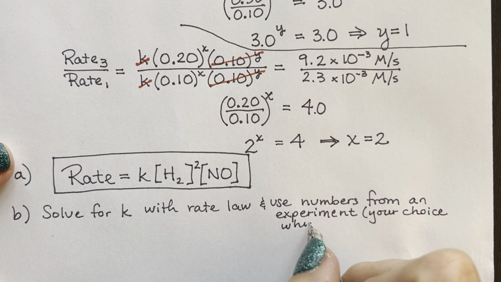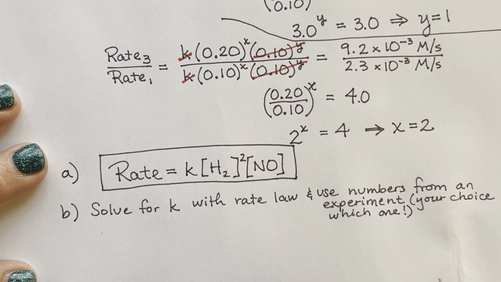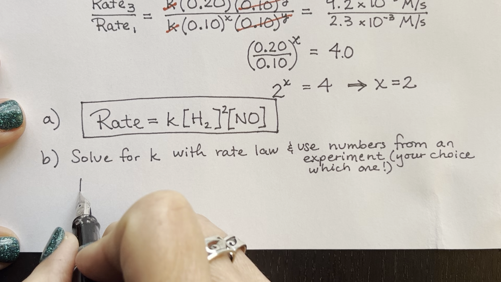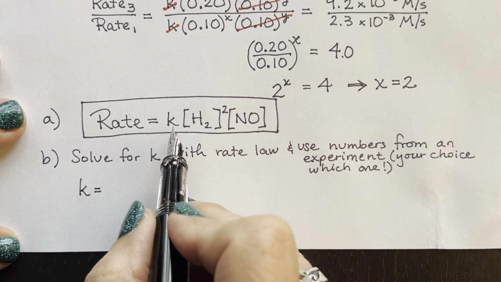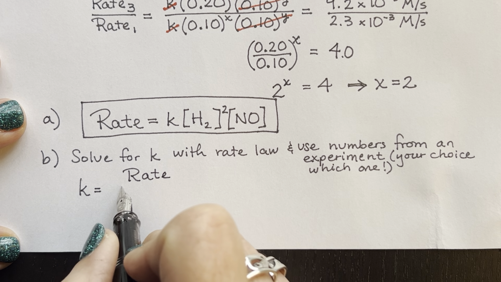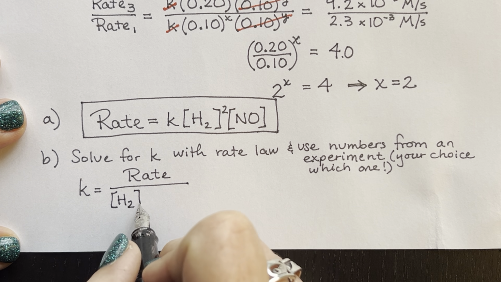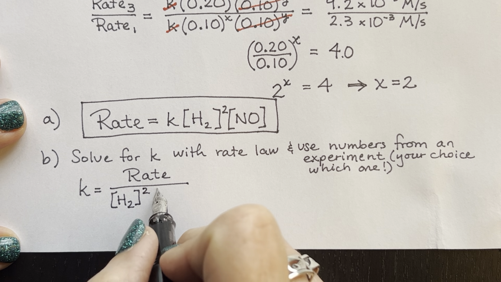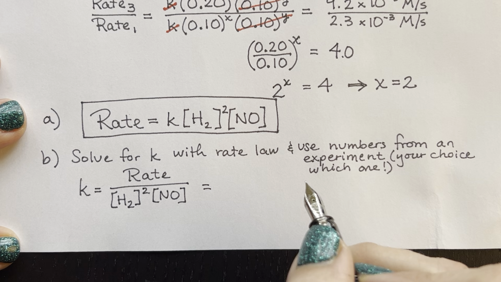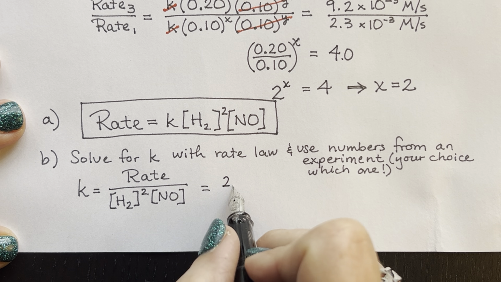Which one? Okay, so solving for k, that means we have the rate divided by the concentration of H2, that's squared, times NO. And like I said, we're going to use experiment 1 just because there it is.